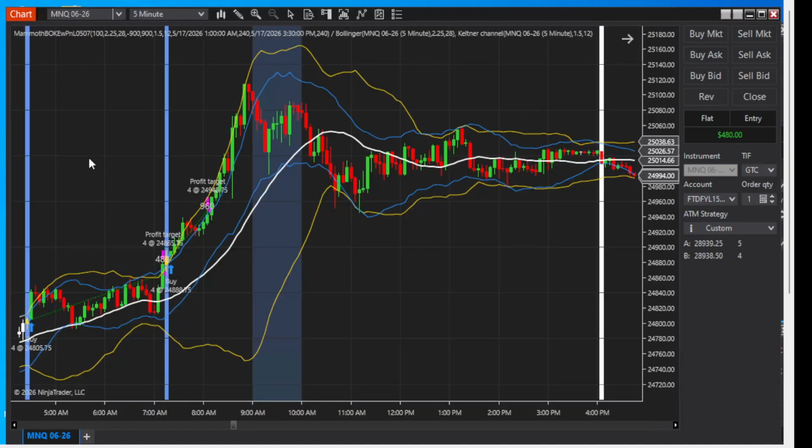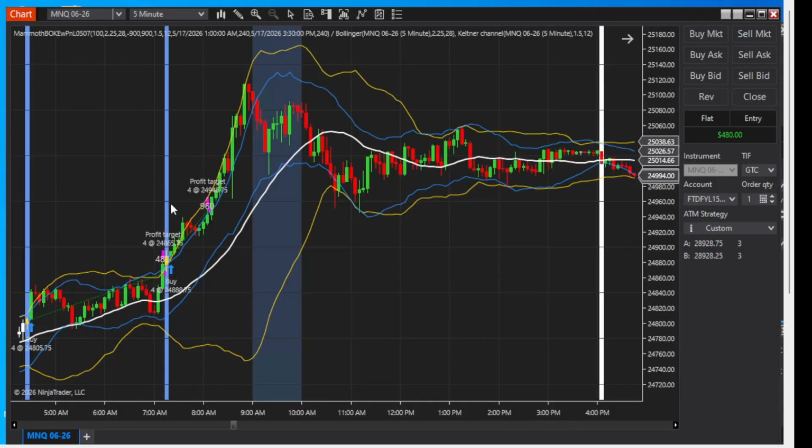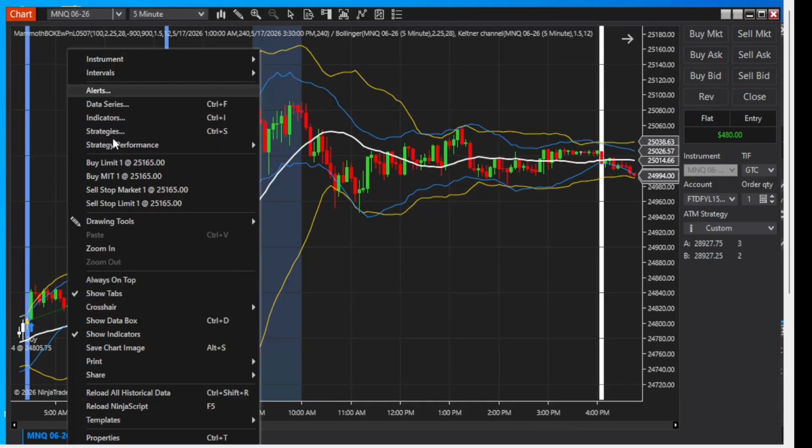So you're looking at two winners and two losers, consecutive winners and losers, and then the strategy will stop trading. Everything can be set this way, or you can just increase the daily profit to an even higher level.